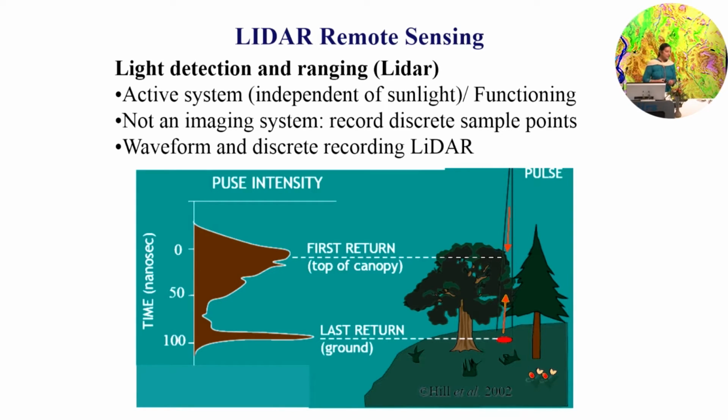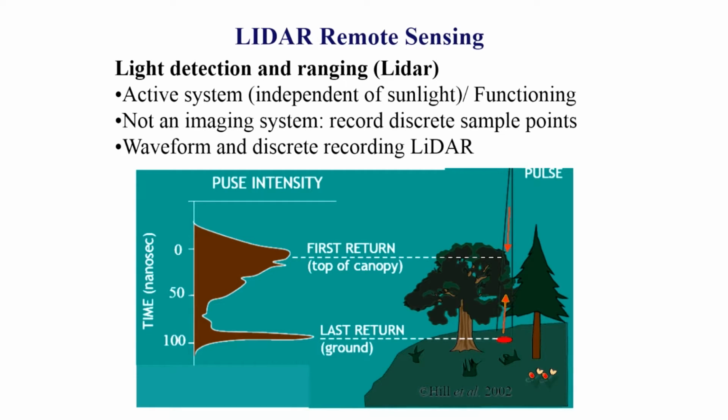It's also an active system like radar, but it's not an imaging system. It doesn't give you a picture. It works on the principle that the energy sent from the satellite falls on the object and gets reflected back.